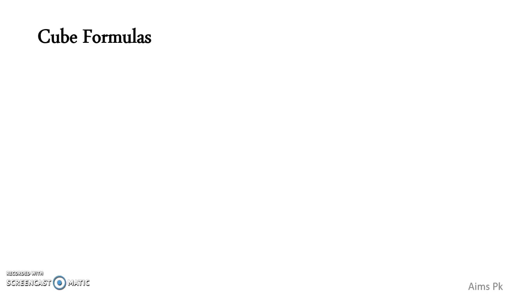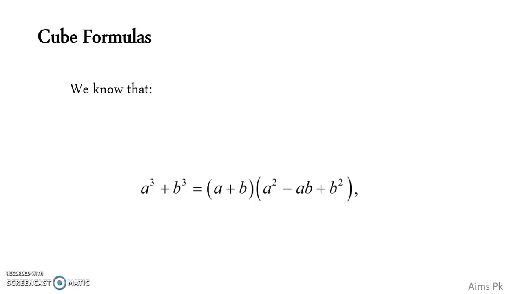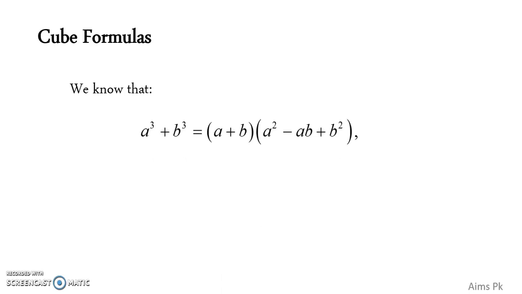The two special factoring formulas you will need to memorize are very similar to one another. They are the formulas for factoring the sums and the differences of cubes. Here are the two formulas: a cube plus b cube is equal to a plus b into a square minus ab plus b square.